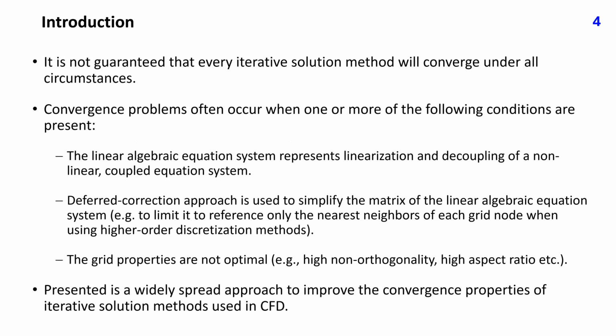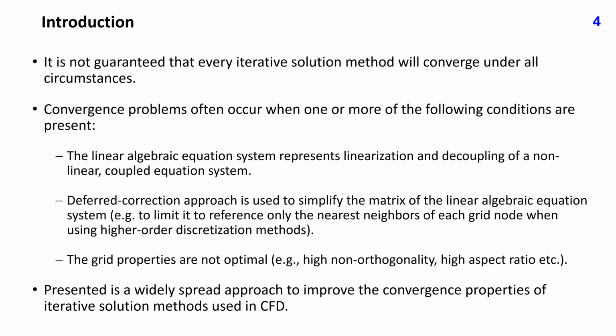It is not guaranteed that every iterative solution method will converge under all circumstances. Convergence problems often occur when one or more of the following conditions are present. The linear algebraic equation system represents linearization and decoupling of a nonlinear coupled equation system, which is the case in Navier-Stokes equations.